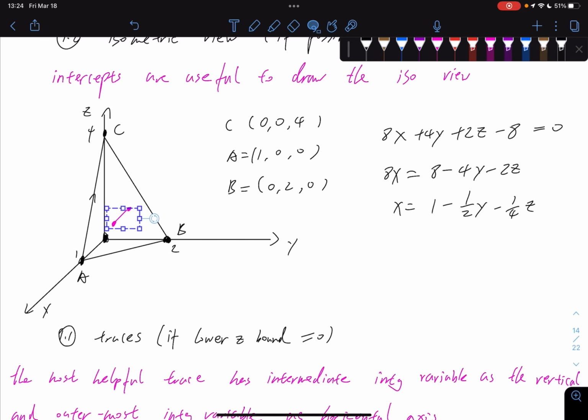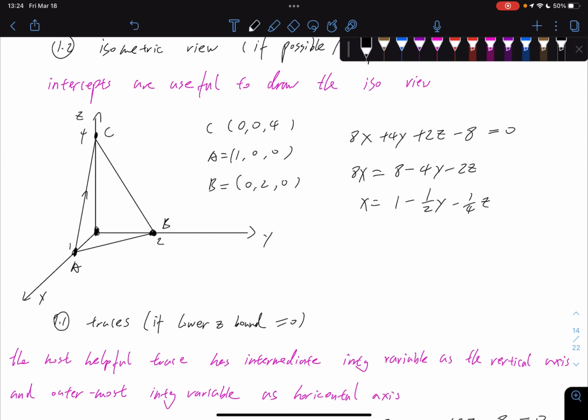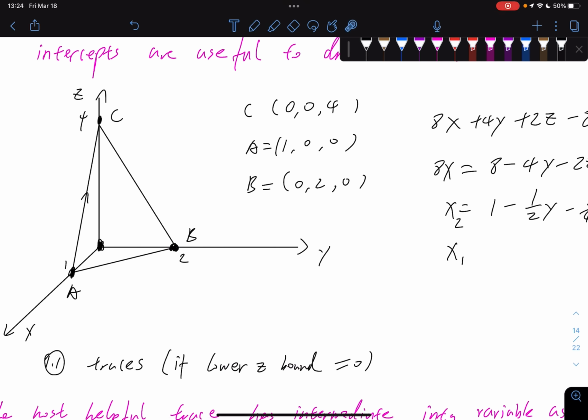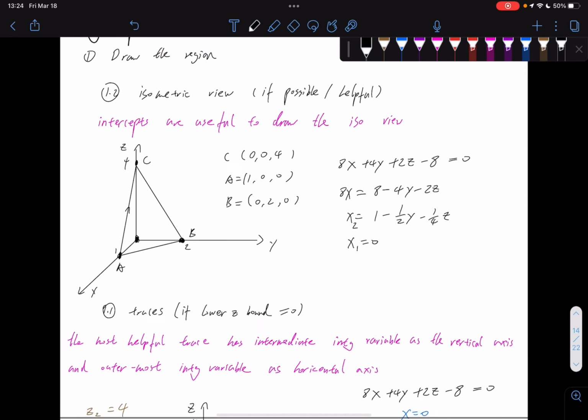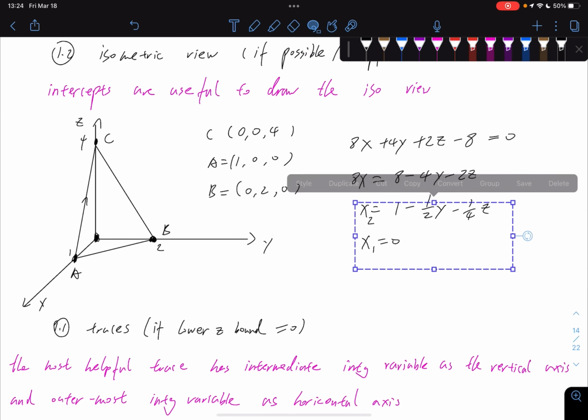So the upper bound is just going to be x2. x2 is just the equation of the plane itself. And x1, right? We always start from the YZ plane. So the lower bound is just going to be 0. So that's your purple.